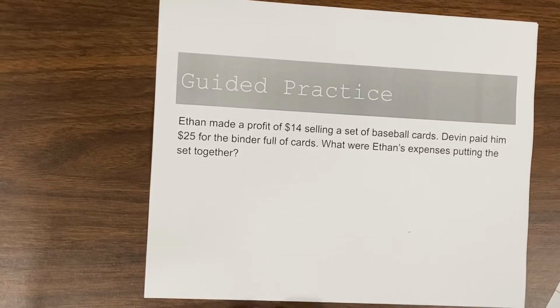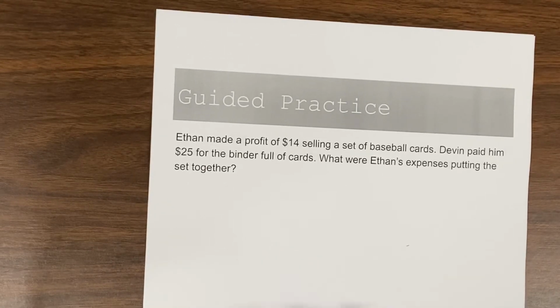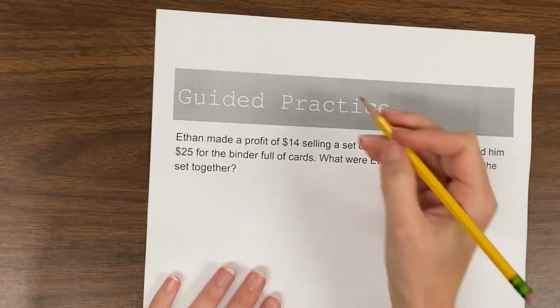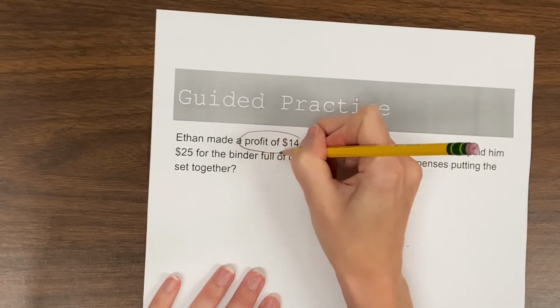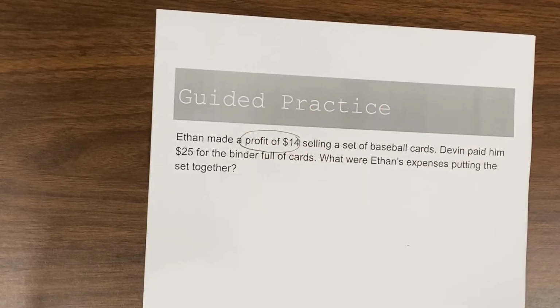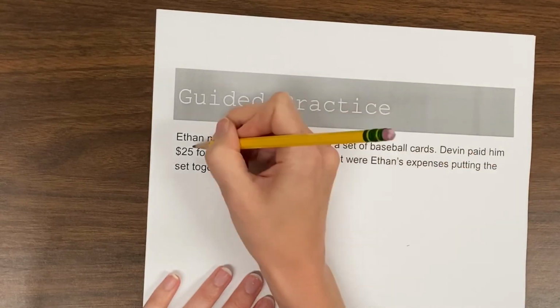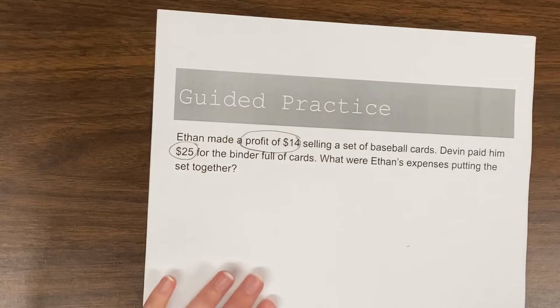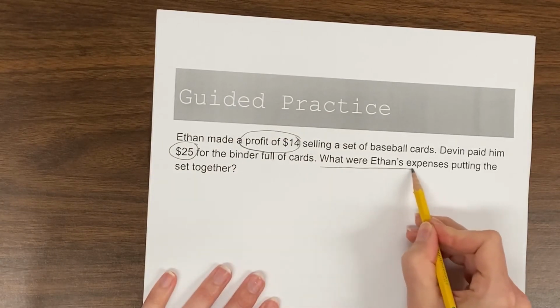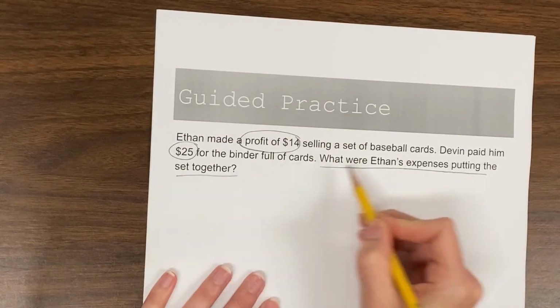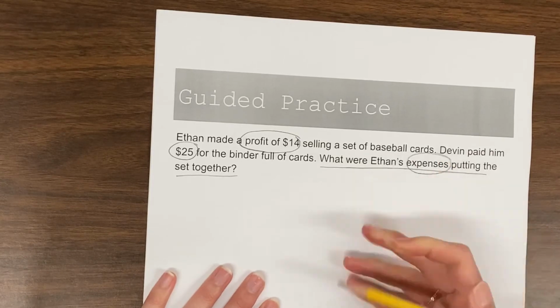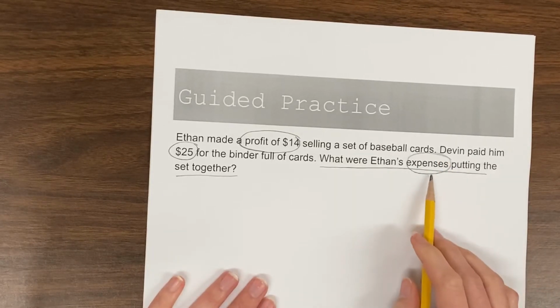All right, next question. Ethan made a profit of $14 selling a set of baseball cards. Devin paid him $25 for the binder full of cards. What were Ethan's expenses putting the set together? So this question, I'm not looking for profit.